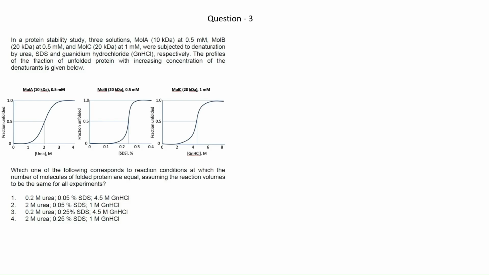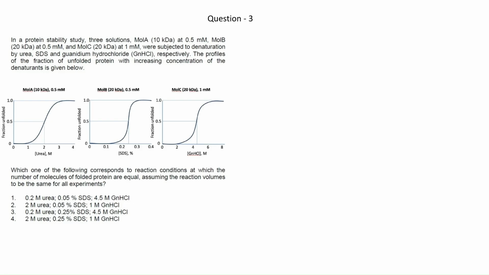Now, what we can see from all these graphs is that the x-axis denotes the concentration of the denaturant and the y-axis denotes the fraction of the proteins that are unfolded. So as it is already provided in the image, for the urea at 2 molar concentration, half of the proteins are unfolded for mol A. And again, for mol B with the SDS at 0.25% SDS concentration, half of the protein molecules are unfolded.